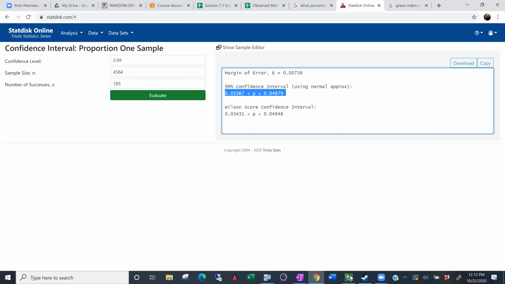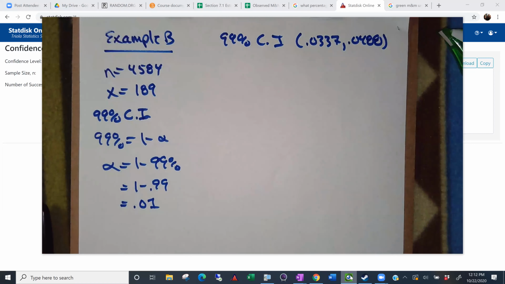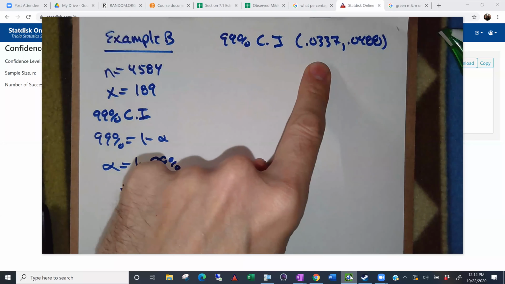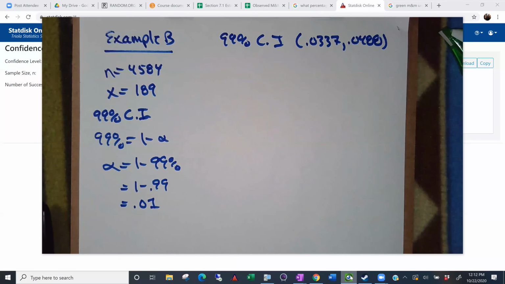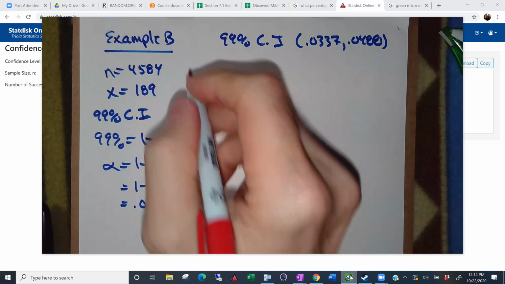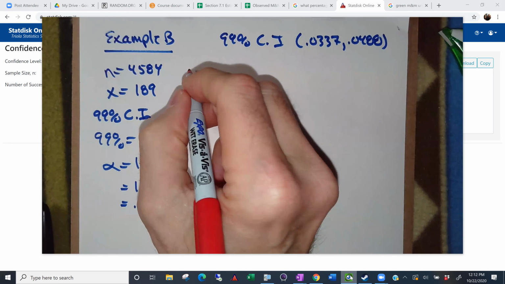Now that's just numbers. And because I'm making it very easy for you to get these numbers, I am going to ask a little bit more of you, and that is this. I want you to interpret this. So you can pretty much copy exactly what I'm doing for all of your confidence intervals.